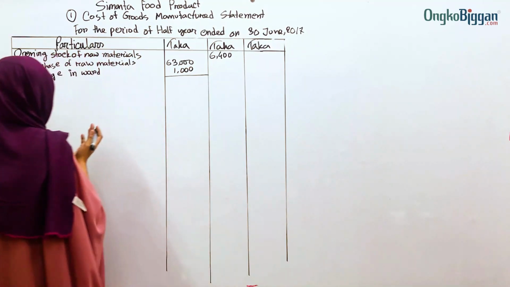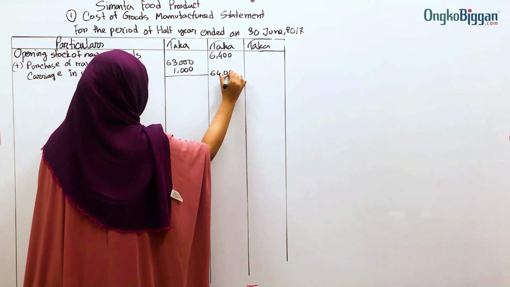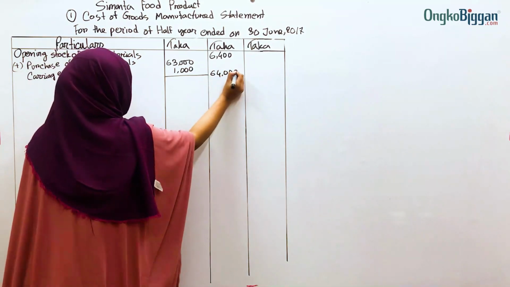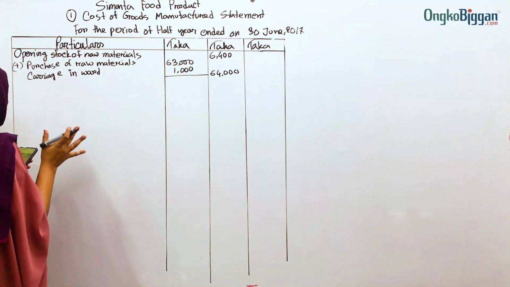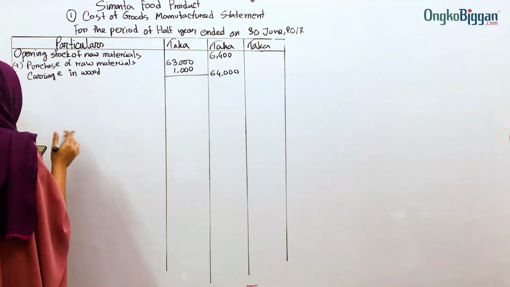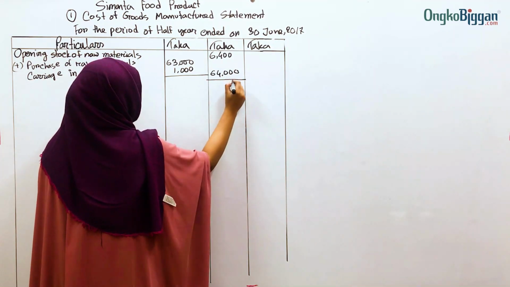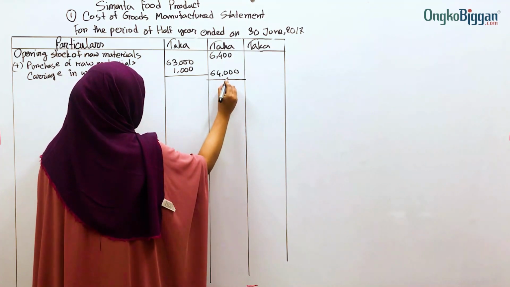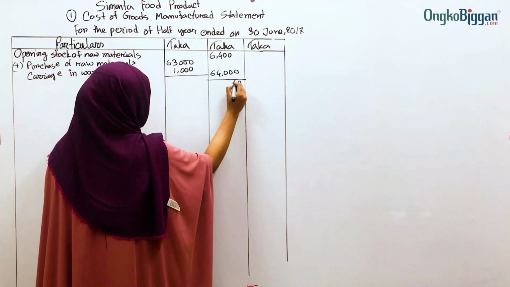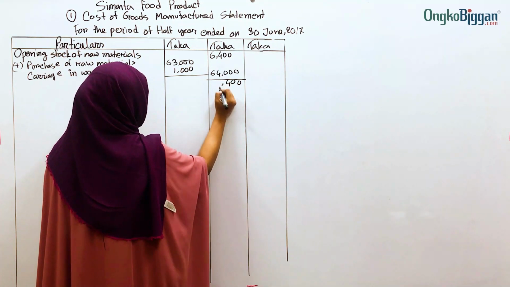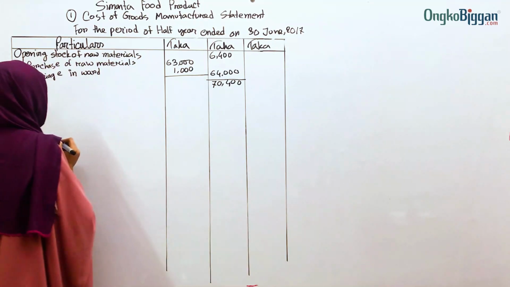Right? We don't have anything else. So we will add it, 64,000. So what is this 64,000? This is called cost of raw materials. So we will have to add this together, and it comes out 70,400, right?